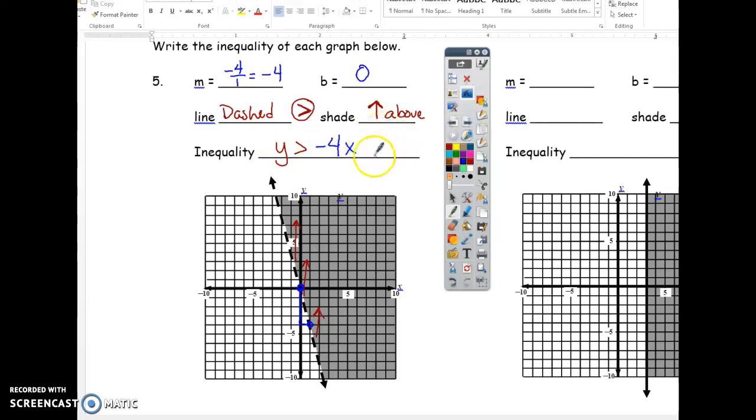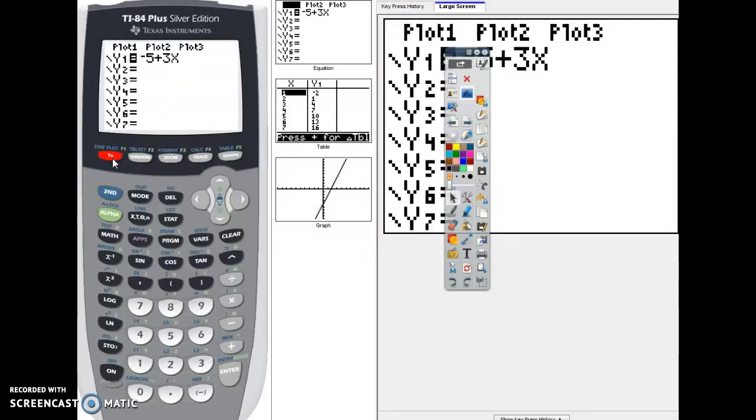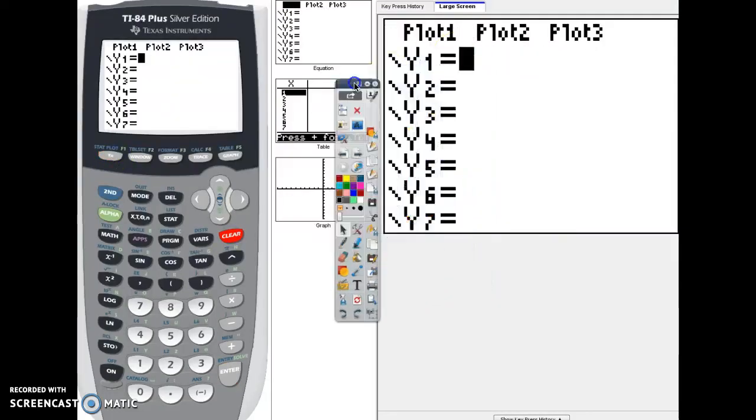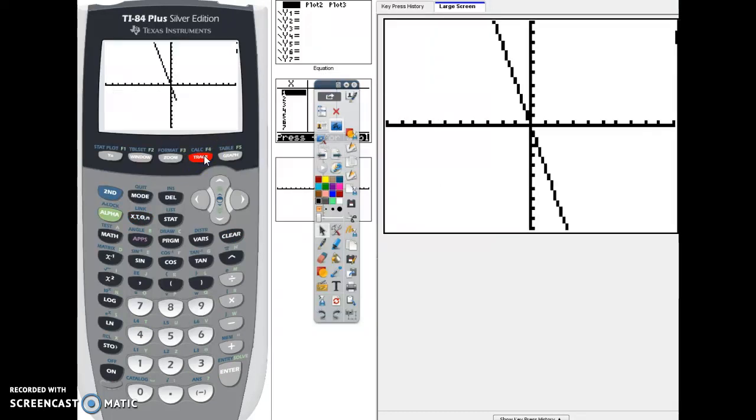I don't need to put the plus 0 here because it's 0. And then we're going to go put it in the calculator just to make sure that that's what it looks like. Don't just guess. So right here I'm going to put y equals -4x, trace, and yes, that's what my line looks like. And it's shaded above, so it's greater than.